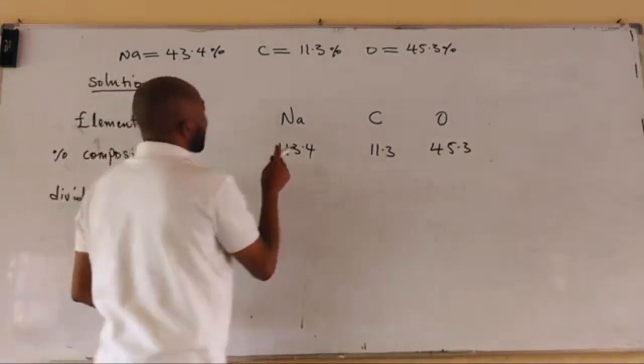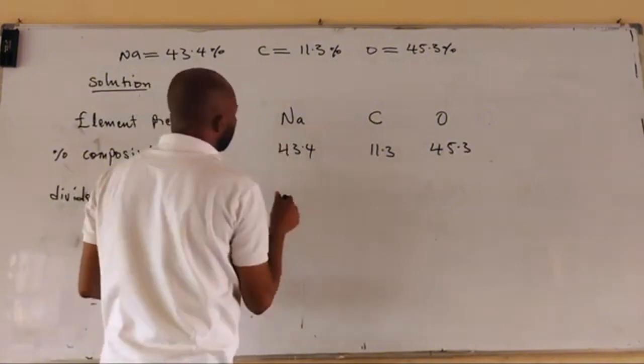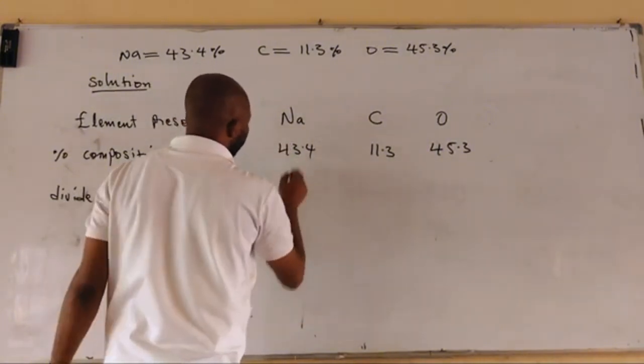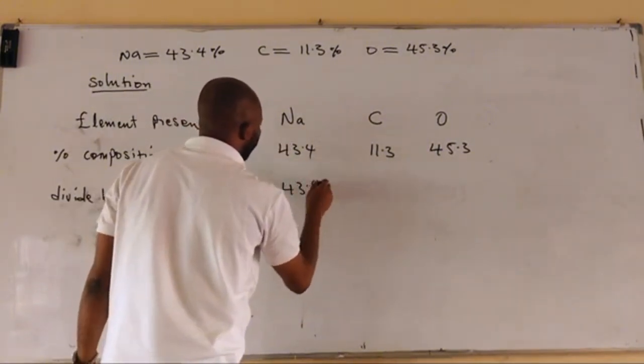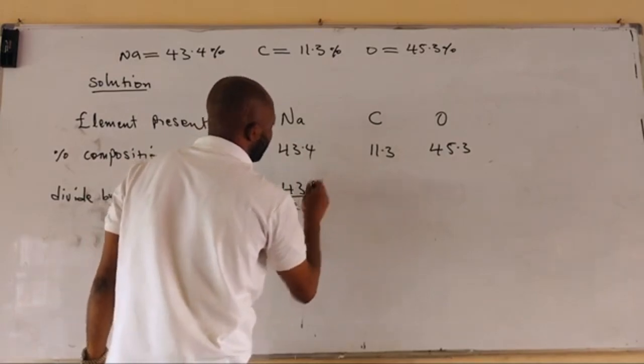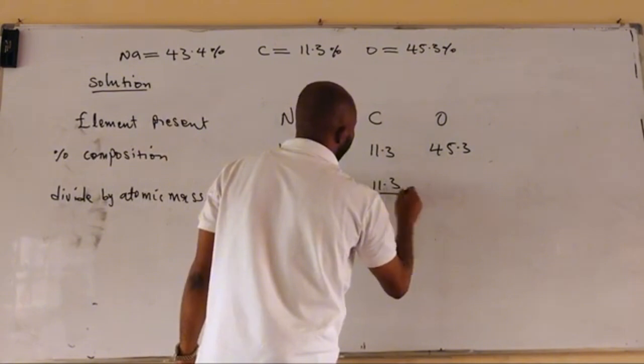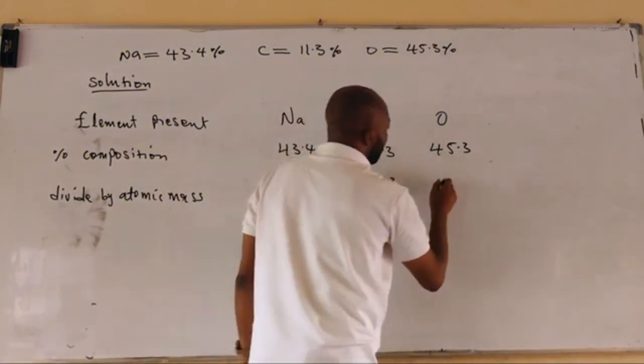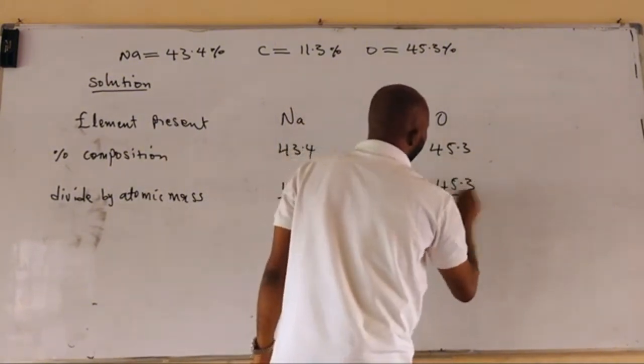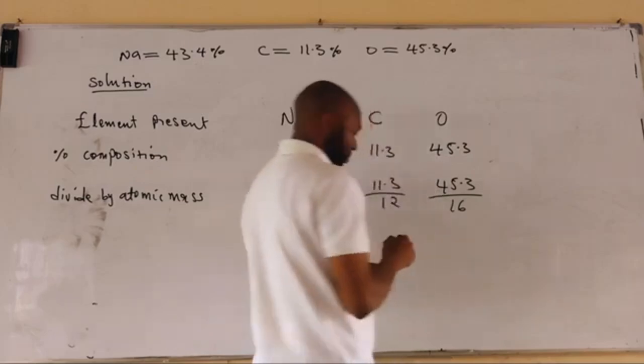So now, the atomic mass of sodium is 23. So we divide 43.4 over 23. Carbon is 11.3 over 12. Oxygen is 45.3 over 16.